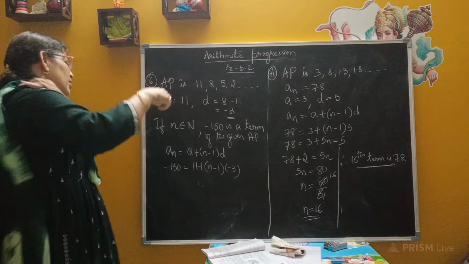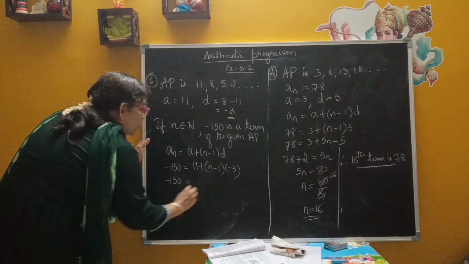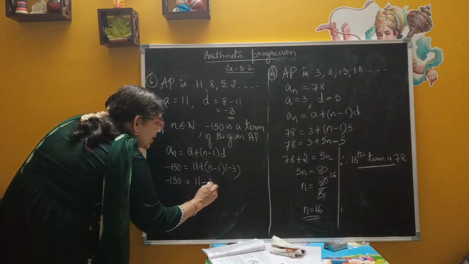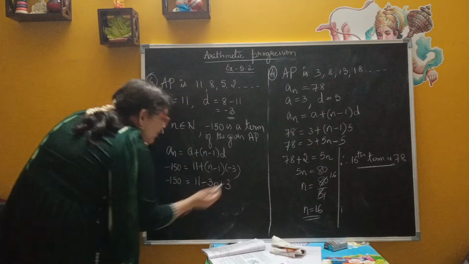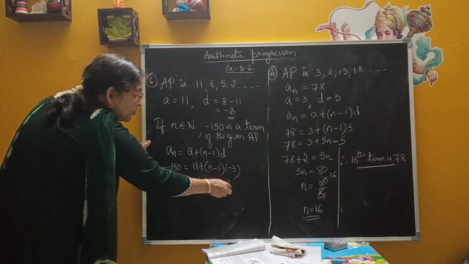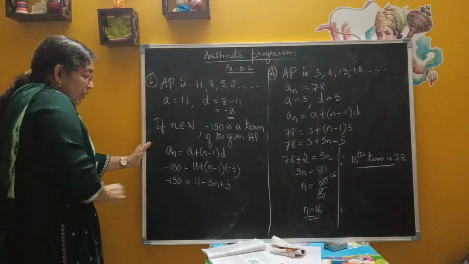So simplify. Minus 150 is equal to 11 plus n minus 1 into minus 3, that is minus 3n plus 3. 11 plus 3 is 14.